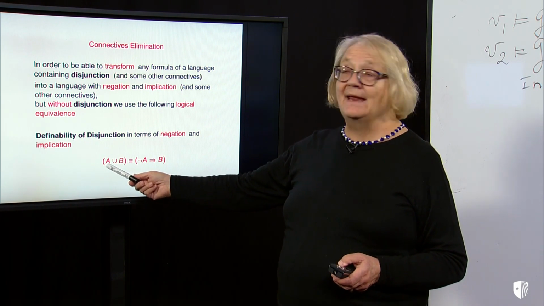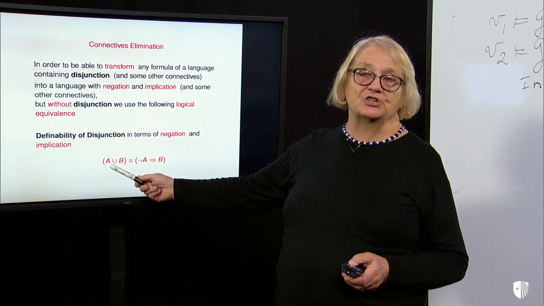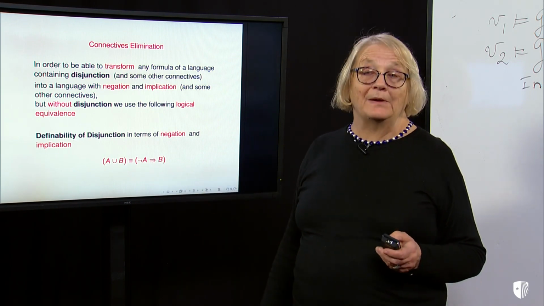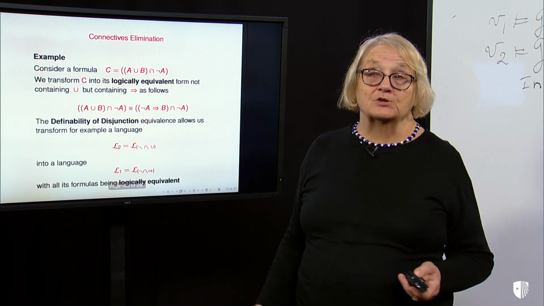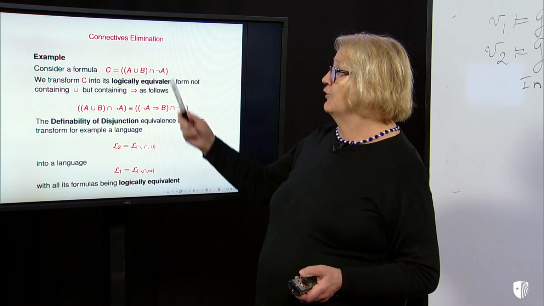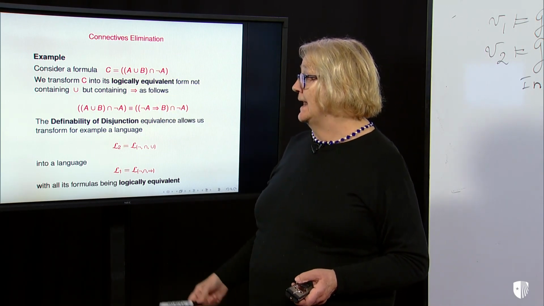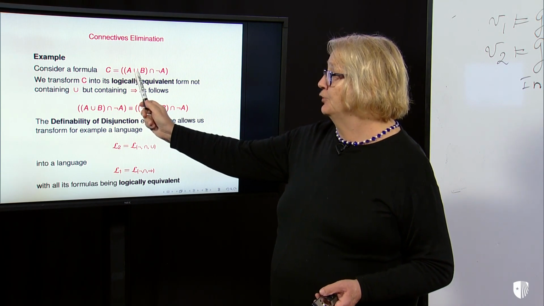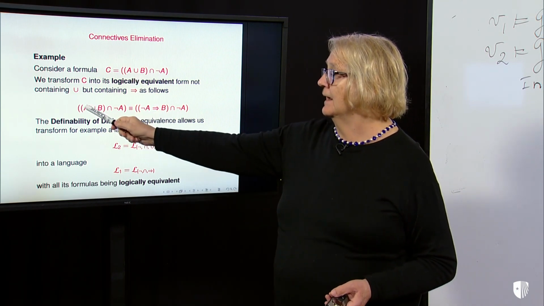So it means that anywhere I have disjunction, I can replace disjunction by implication and negation. So, for example, I have a formula like this, and I want to get rid of disjunction.